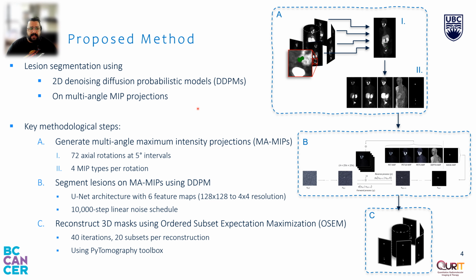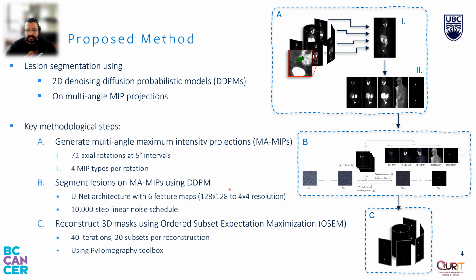So we proposed a lesion segmentation method using 2D denoising diffusion probabilistic models, but on multi-angle maximum intensity projections, or MIPs. Our proposed method has three main steps. The first step is generating multi-angle MIPs for every 5 degrees of rotation of the volume around the main axis, and computing 4 different types of MIPs.